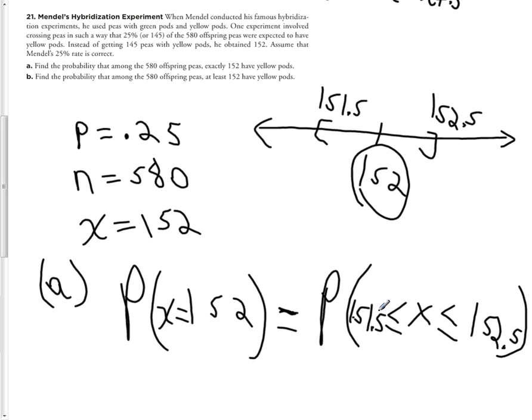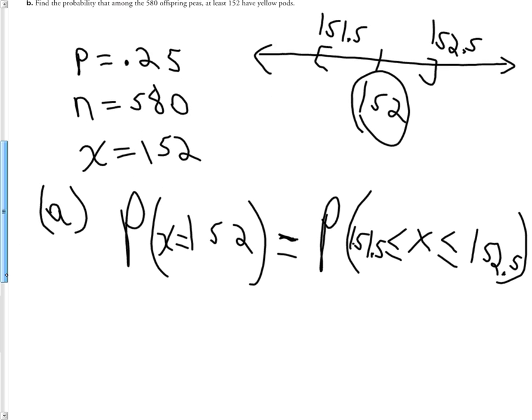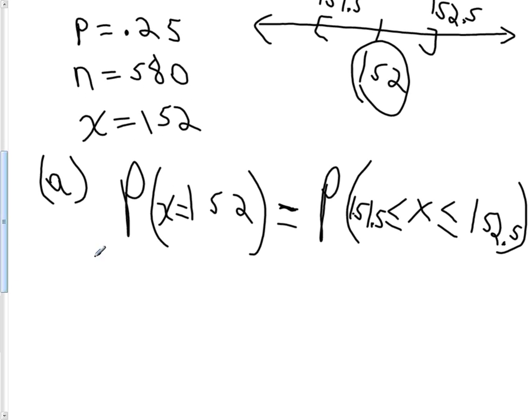All right, so what we need to do then is go to our normal distribution, and find the mean and standard deviation of this binomially distributed random variable and use those as approximations to mu and sigma for the normal.